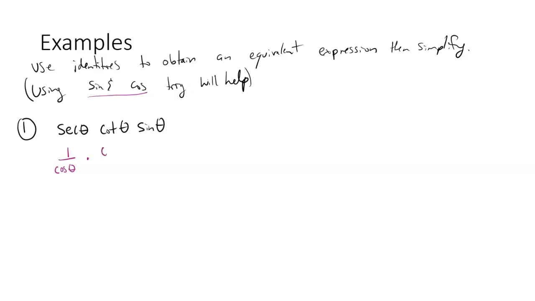Cotangent, I'm going to use my quotient property to rewrite that one. And then sine just stays as sine of theta. Now I can write that over 1 if I want to. Okay, and then what I notice is that there's a cosine on top and a cosine on bottom. I also know that there's a sine on both the top and on the bottom.